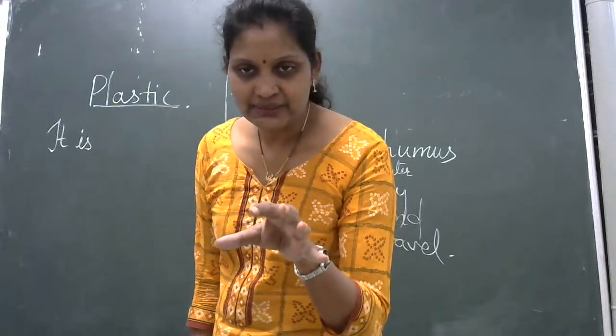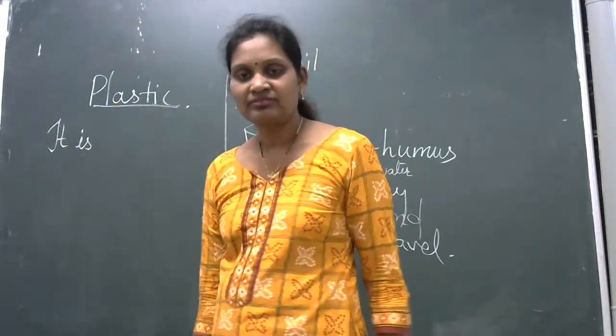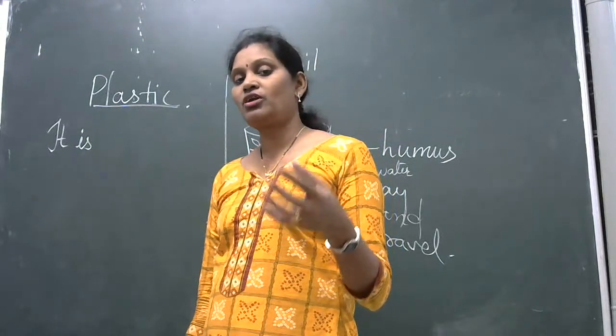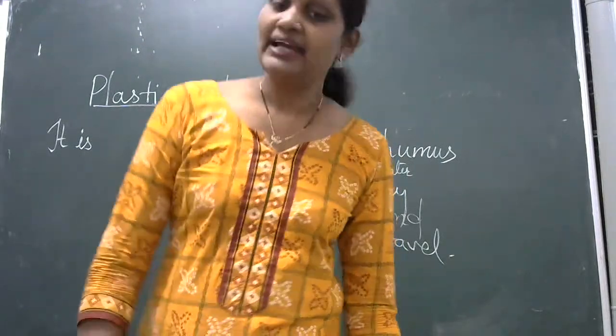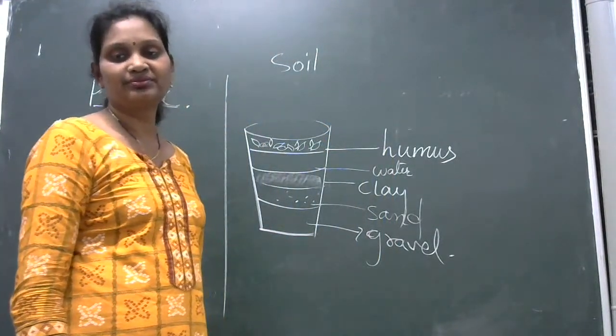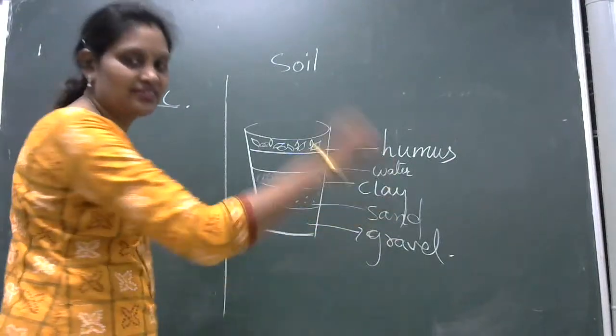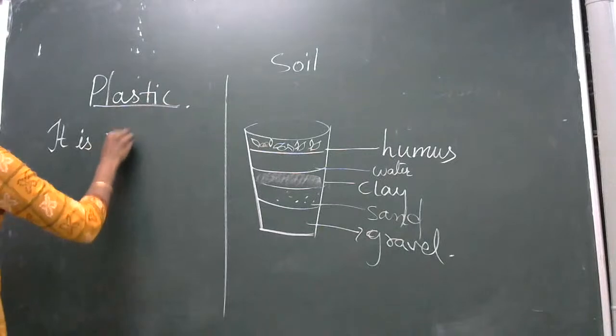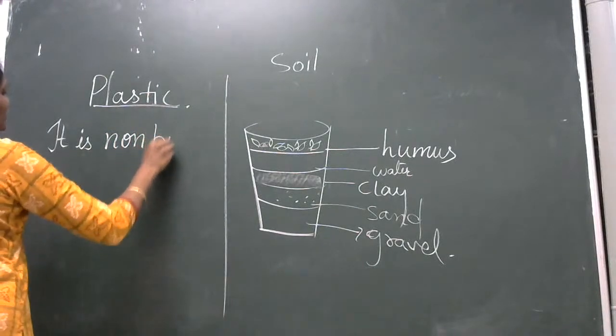Plastic is... Anybody? Okay, no problem. But Alice was almost near to that word, and that word is... yes. So I will write it down now. The word is non-biodegradable.